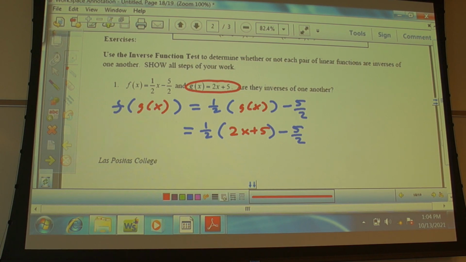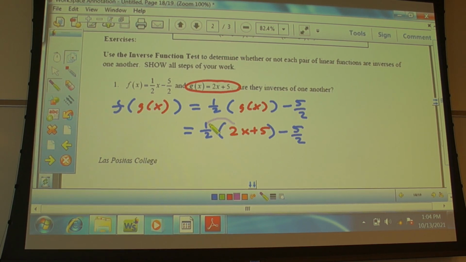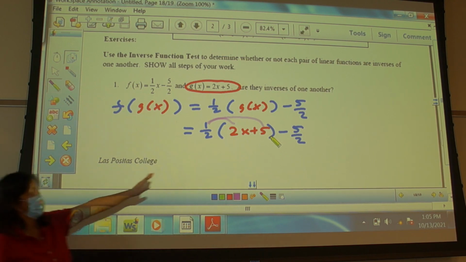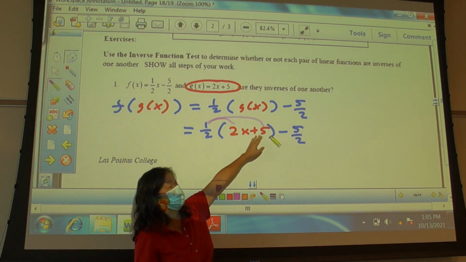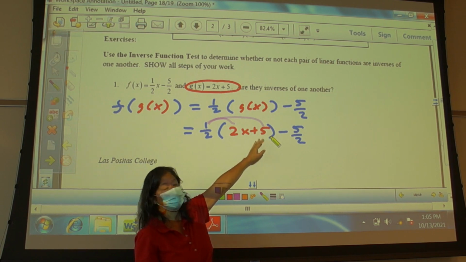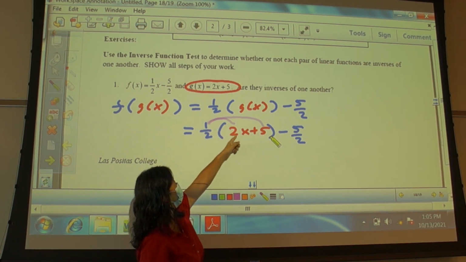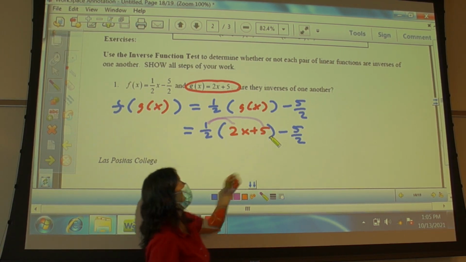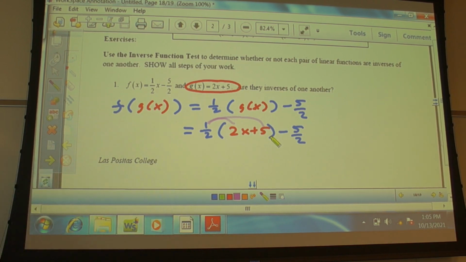Now, we're going to do what? How do we simplify this? Distribute. That means you take 1/2 multiplied by this term, and 1/2 multiplied by that term. There are two terms here, right? 2x is one term, 5 is the other term. So you multiply 1/2 times the first term, and multiply 1/2 by the other term. What do we get? What's 1/2 times 2?